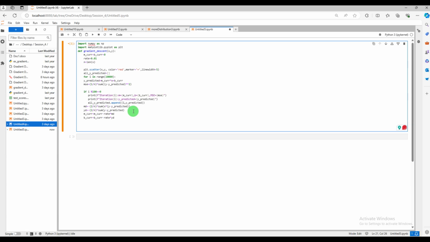Okay, after that, and also to move this line.